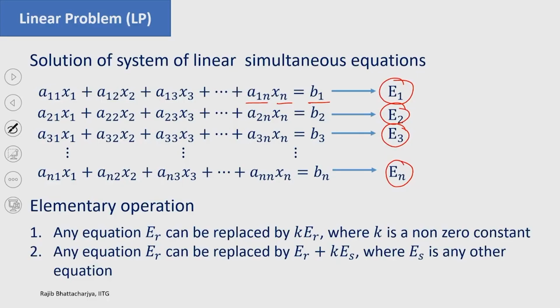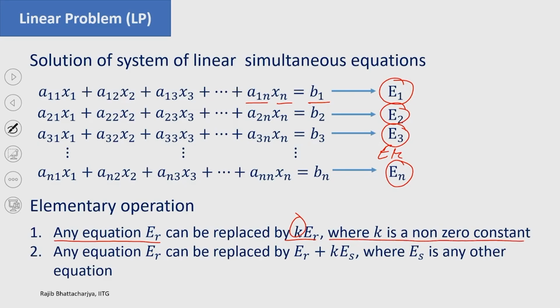So, what I can do is apply the elementary operations. I think all of you know that, we have already done it. Any equation Er can be replaced by k Er, so I can multiply an equation by a constant, where k is a non-zero constant.